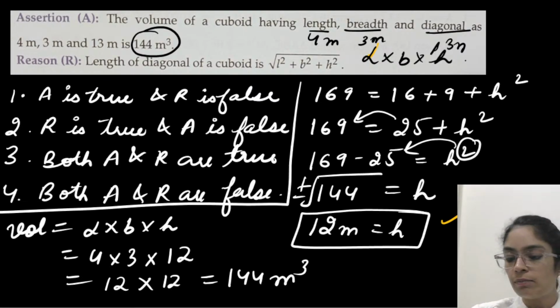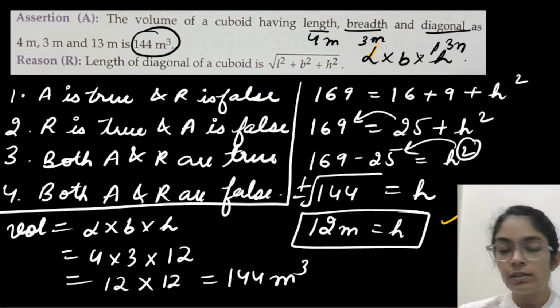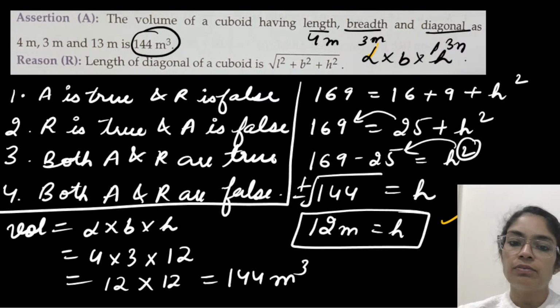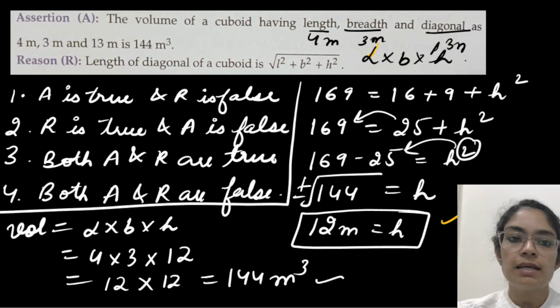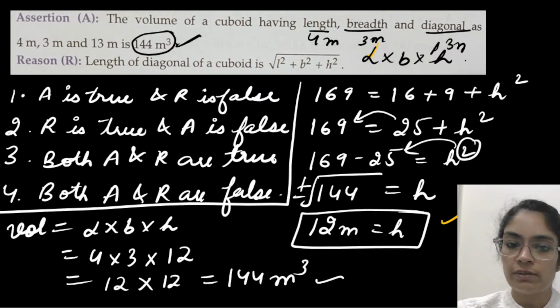See, the correct volume we are getting. After finding volume, we got to know the volume is same as given to us, 144. They are telling if the dimensions are this, then volume is 144 meter cube. Yes, it is 144 only. So assertion is also true. Reason is also true.